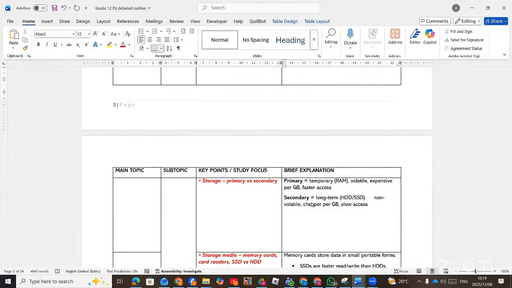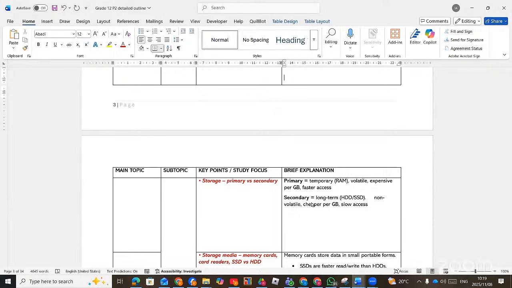Hence, we say volatile. Then in terms of the price, the RAM is more expensive per gigabyte than the storage. What does that mean? When you buy a storage of, let's say, 5 gig, it will be much cheaper as compared to the equivalent size of RAM, which is 5 gig.